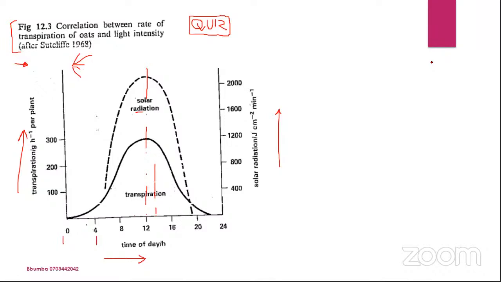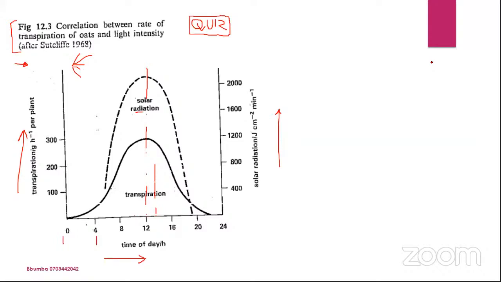What I think is that at 0 hours, the rate of transpiration is at 0. This is because the sun has not yet come out. And you all know that the rate of transpiration depends on the light. Then from 0 hours to 4 hours, the rate of transpiration increases gradually. This is because the sun has started coming out.